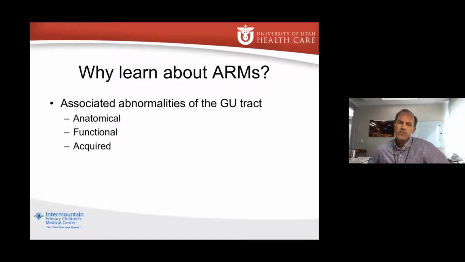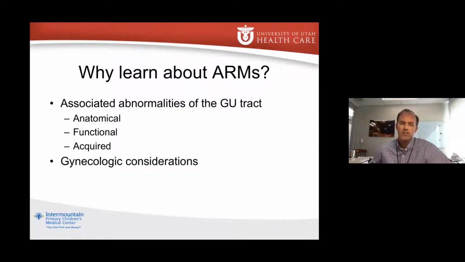One of the reasons that I think it's important to learn about anorectal malformations is that there are a lot of associated abnormalities of the urinary tract with these patients. Some of them are anatomical, related to their anatomy. Some of them are functional abnormalities, and some of them are acquired because of the repairs that they've undergone.